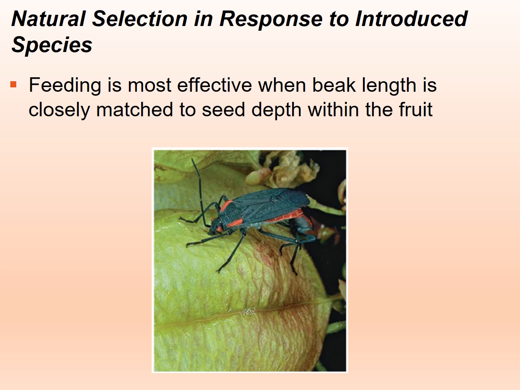So what this means is that if the seed is deeper inside the fruit, then the longer beak would be more helpful. A longer beak wouldn't really evolve if the seed depth was shorter.